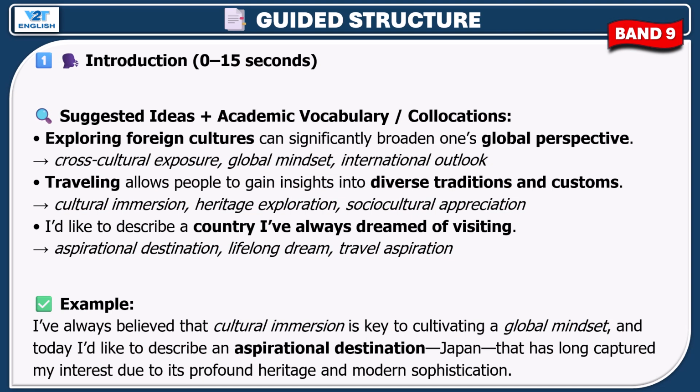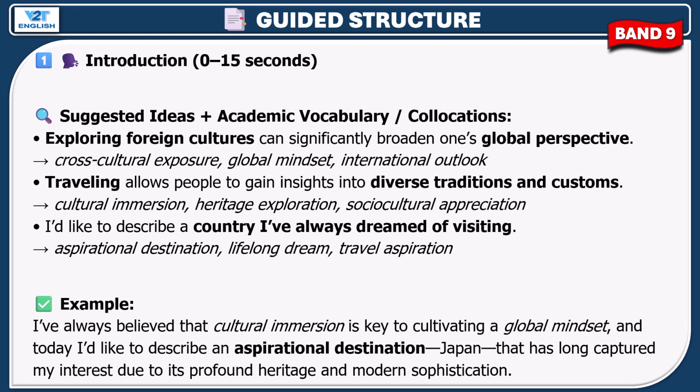Guided structure. 1. Introduction, 0 to 15 seconds. Suggested ideas plus academic vocabulary and collocations. Exploring foreign cultures can significantly broaden one's global perspective. Cross-cultural exposure, global mindset, international outlook.